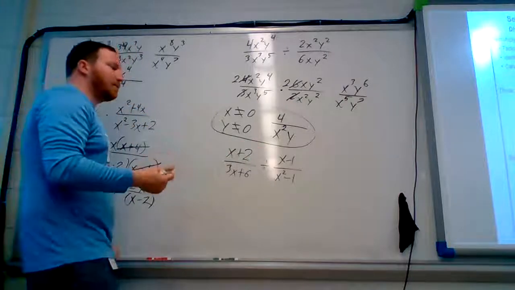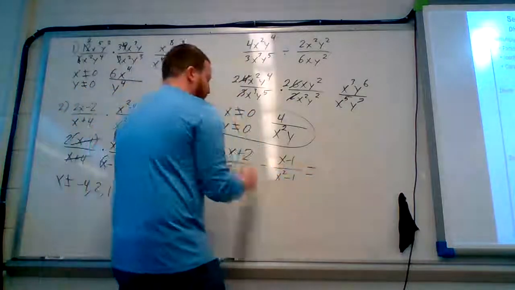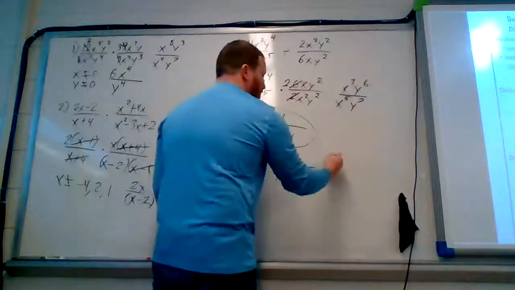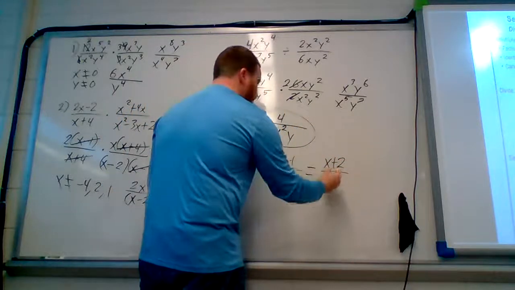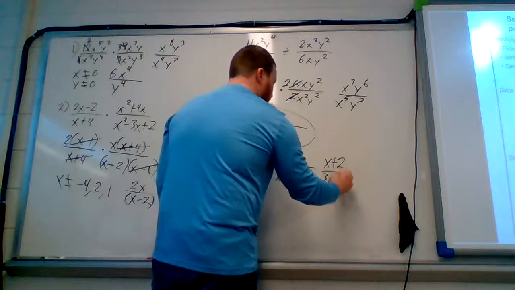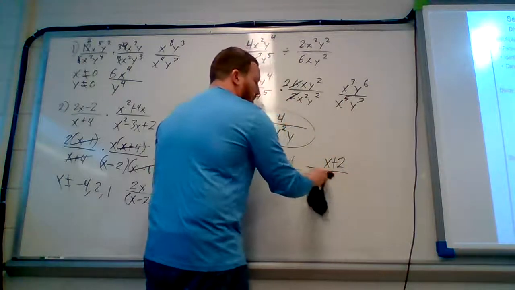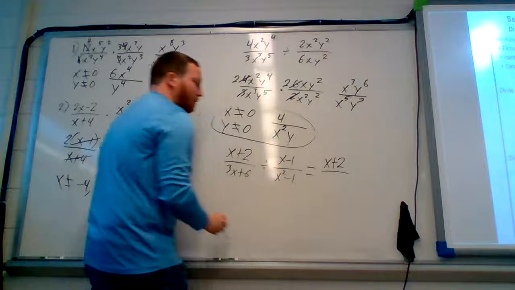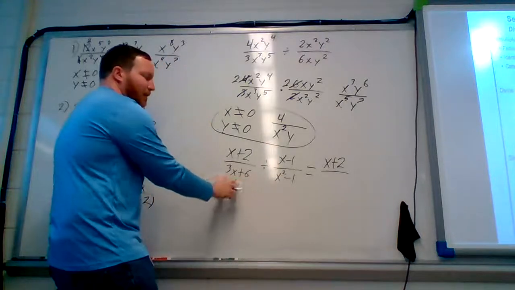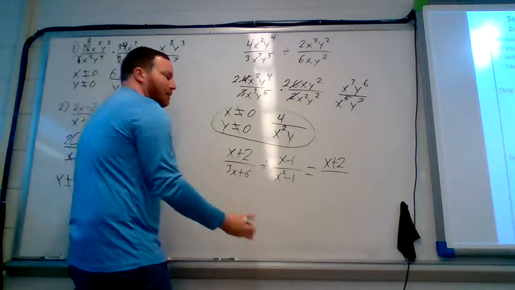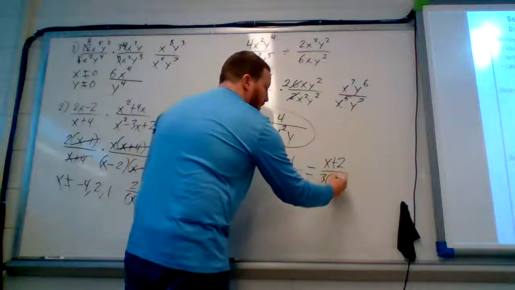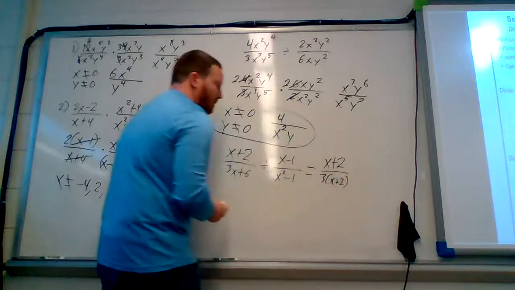I do those in the same step. So our first one stays the same. We don't change it at all. But we can factor it when we rewrite it. So we got 3x plus 6. We can factor out that 3. That leaves us with x plus 2.